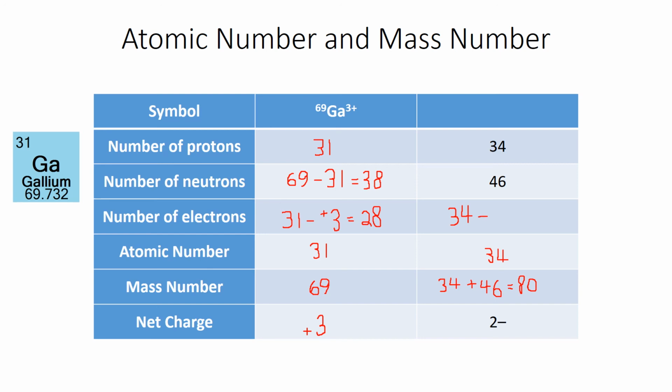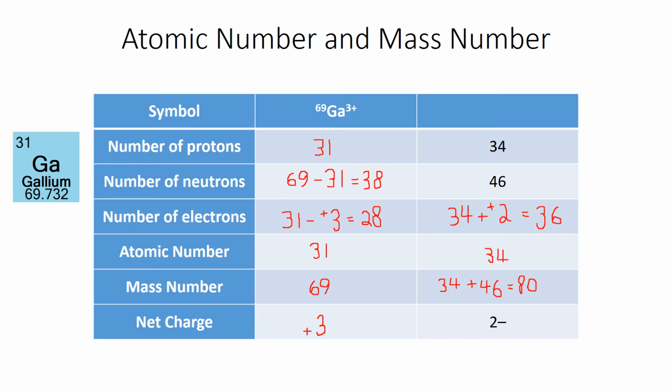So 34 minus -2 is the same as saying 34 plus +2. So I get 36 electrons. So I have 2 more electrons than protons because this thing has a negative charge. So 36 electrons there. All right. And now let's figure out what element this is.